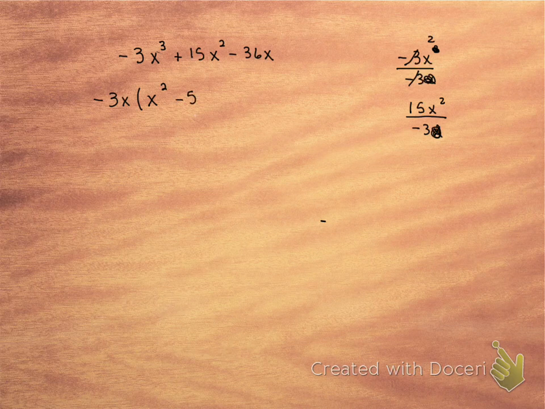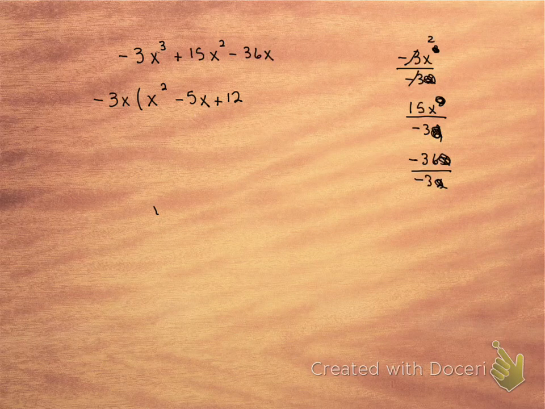And when we lose the x in the bottom, we take one on the top with it. And then the last term is a negative 36x divided by that negative 3x out front. So negative 36 divided by negative 3 is a positive 12, and both x's divide away.